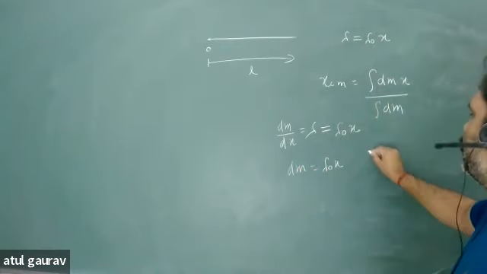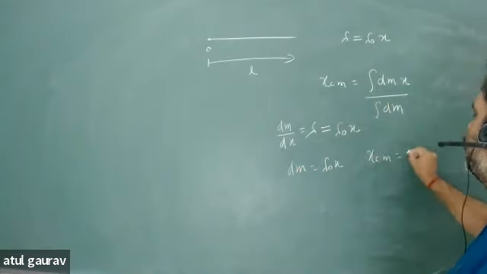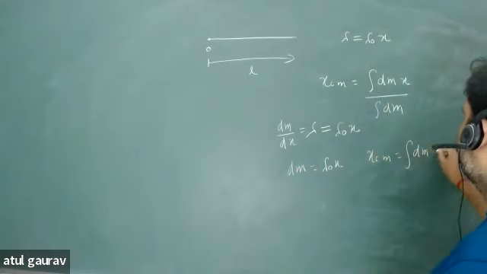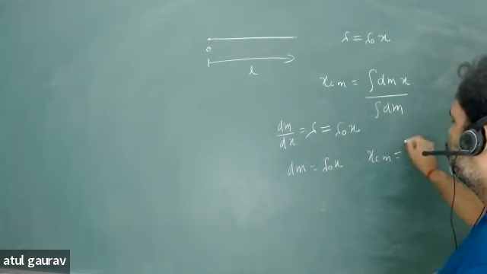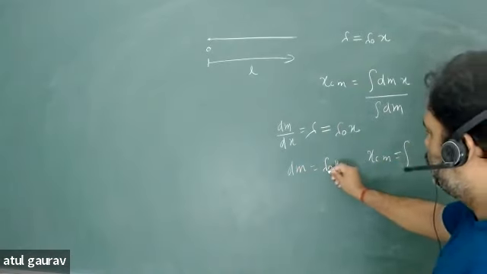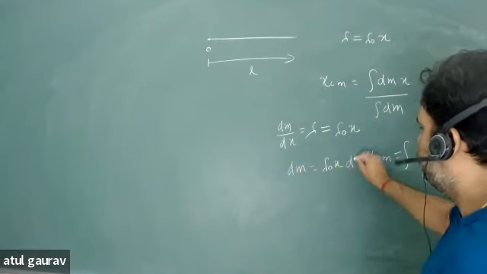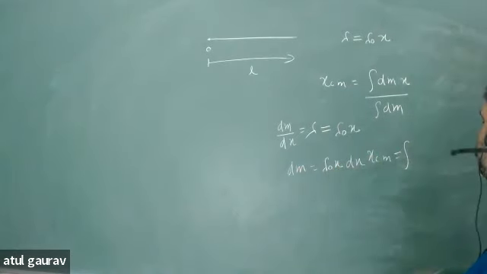So you can put your xcm as the integral of x dm by the integral of dm, with dm being lambda naught x dx.